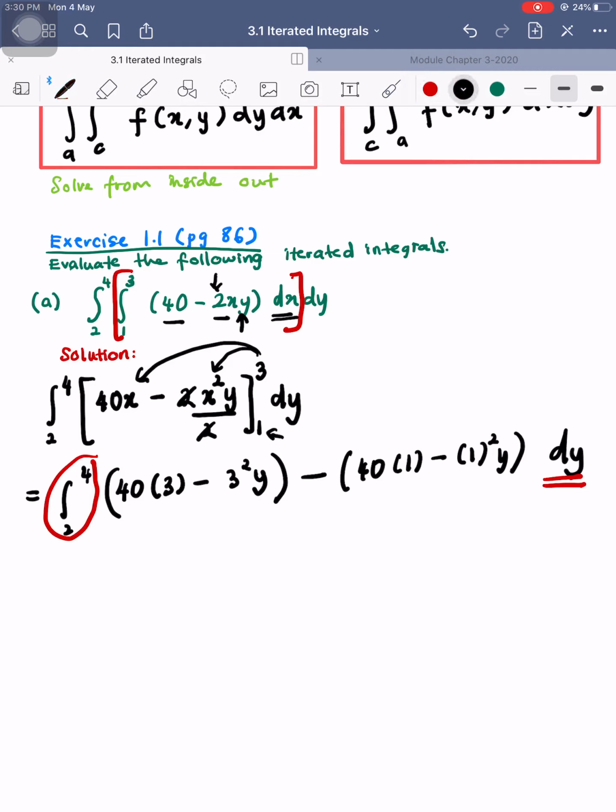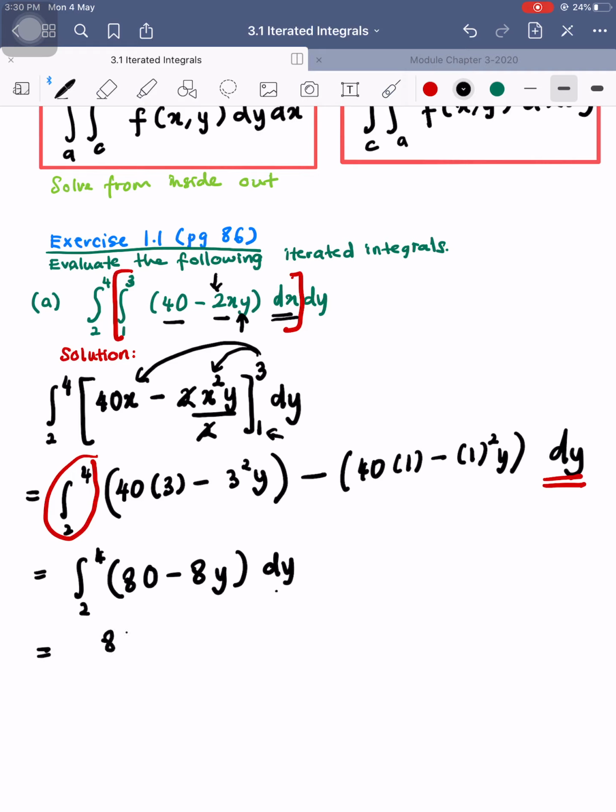Next, continue. You try to simplify. Inside here you will get 80 minus 8y dy. Now we have solved with respect to x. Now we want to solve with respect to y.